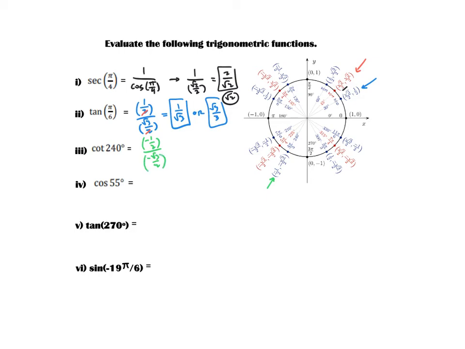Interestingly enough, the 2's reduced. We're going to get the same answer that we did for part 2. The negative reduces, and we get 1 over root 3, or root 3 over 3. That's interesting. Okay, cosine of 55.